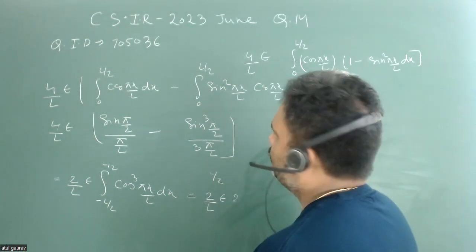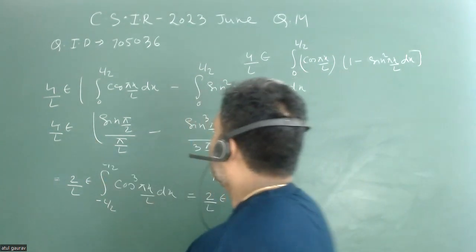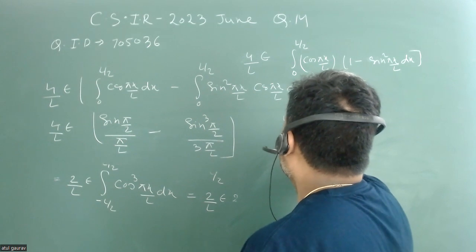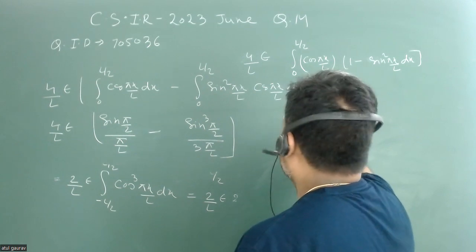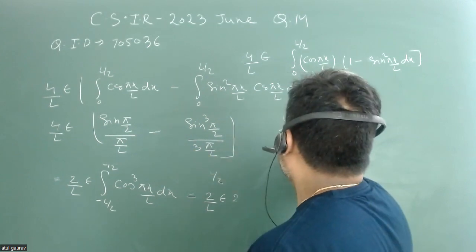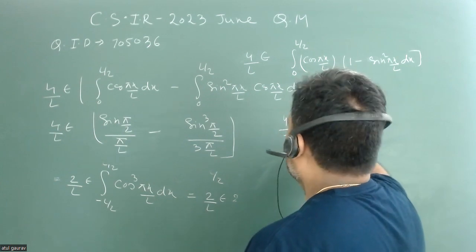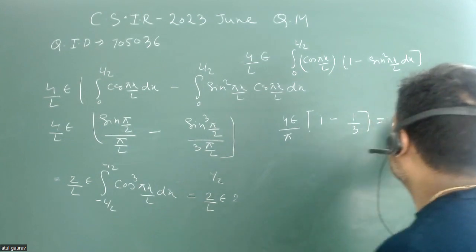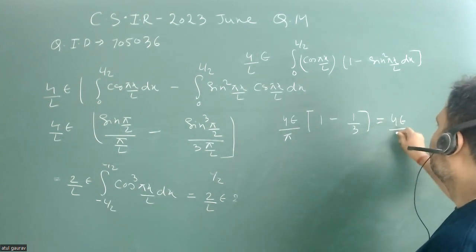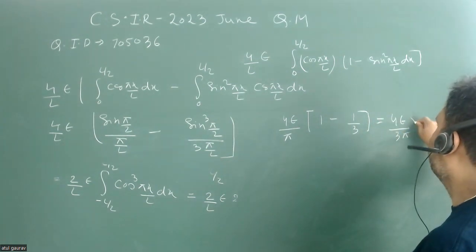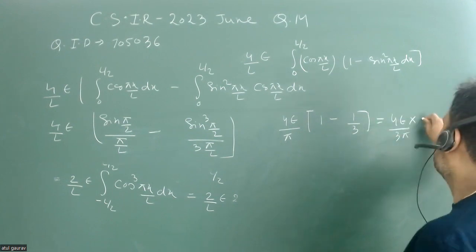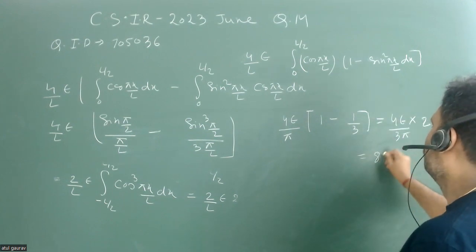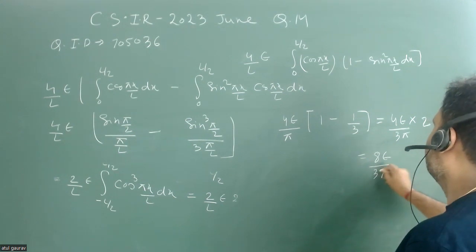So this L will cancel out, and we have 4 epsilon, with pi outside, and 1 minus 1 upon 3. That is 4 epsilon by 3 pi into 3 minus 1, which is 2. So the value is 8 epsilon upon 3 pi.